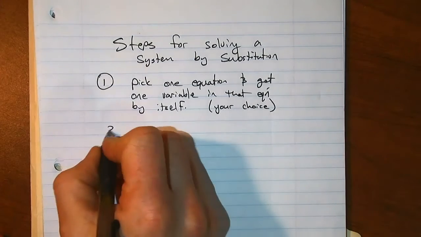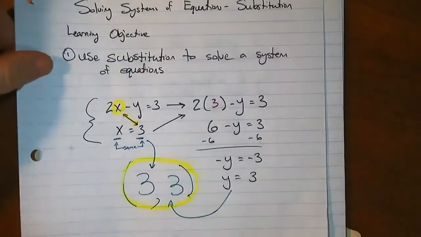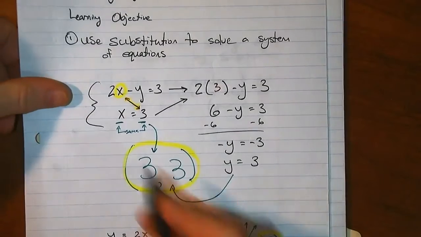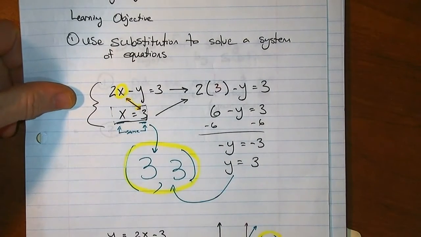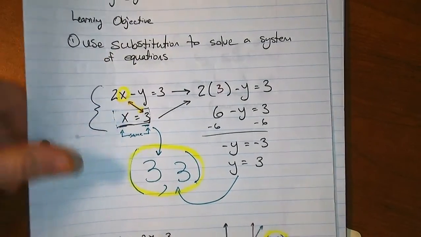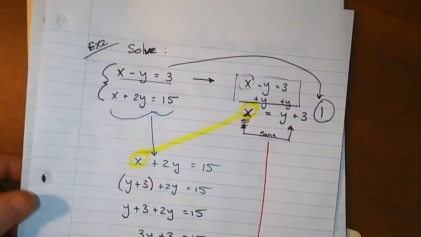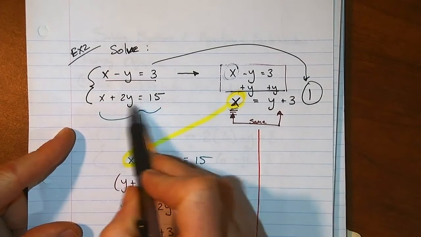Now, it's your choice. You can pick any variable you want. There will be problems where one option is easier than the other. Consider this first example that we looked at the very, very beginning. Obviously, this is the one I'm going to pick because it's already done, right? It would be silly to pick the other one. This one is already done. So on this problem, I probably wouldn't want to get this y by itself because there would be a lot of work.